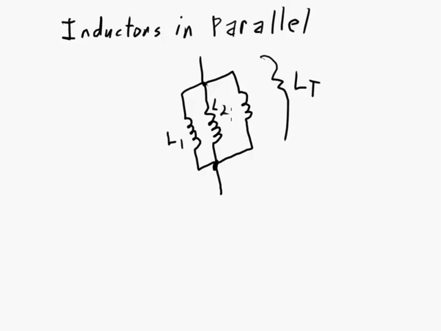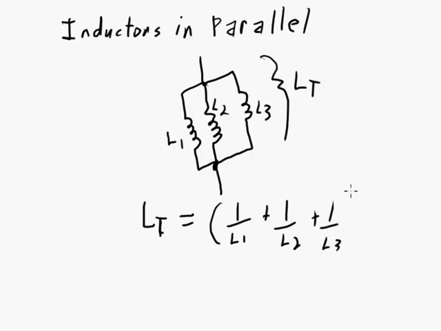This is L1, this one's L2, this one's L3. What's the total inductance across that? The total inductance is going to be equal to 1 over L1 plus 1 over L2 plus 1 over L3, to the minus 1. So 1 over L1 plus 1 over L2 plus 1 over L3, and then take the inverse of that number, and that gives you the total inductance of inductors in parallel.